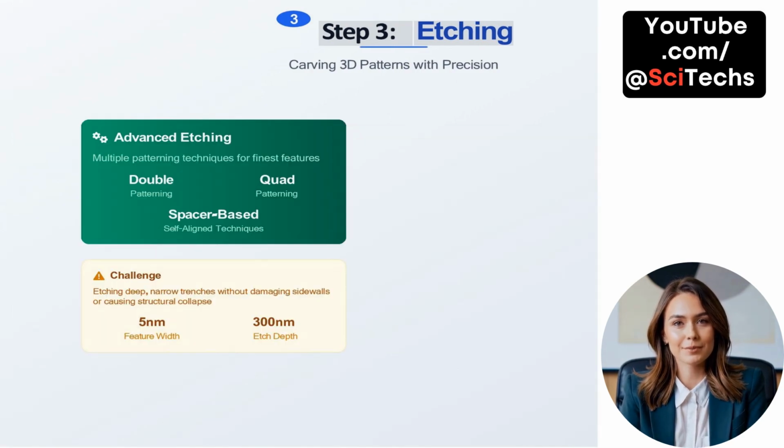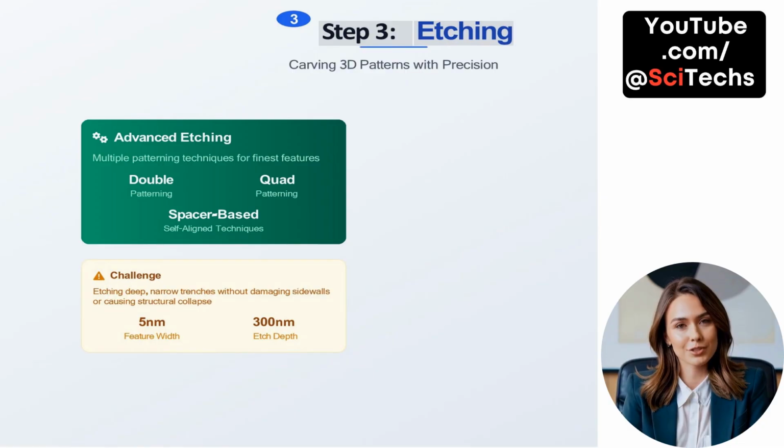Advanced etching. To define the finest features in modern semiconductor devices, advanced etching techniques are essential. Multiple patterning strategies such as double and quad patterning are used to multiply the resolution of lithographic tools. Double patterning divides the original pattern into 2 masks to etch finer details.